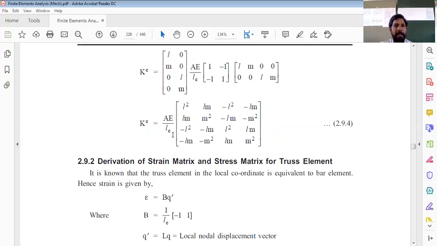And Le is the length of element, which you can consider as it is if the link is along horizontal or vertical direction. If it is a diagonal link, then Le equals the square root of (x final minus x initial) whole square plus (y final minus y initial) whole square. So this represents the stiffness matrix of the truss element.